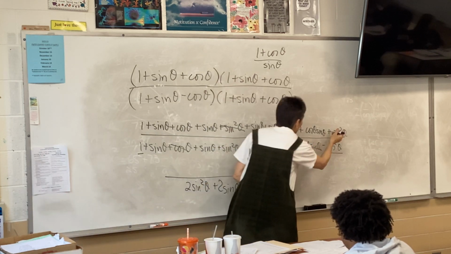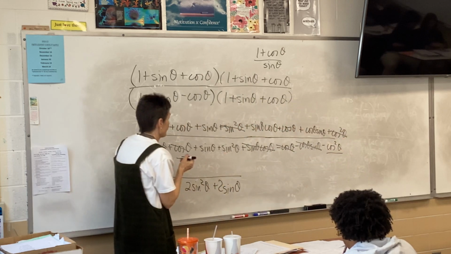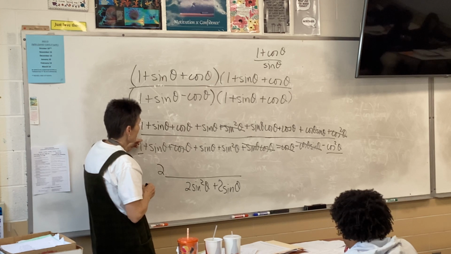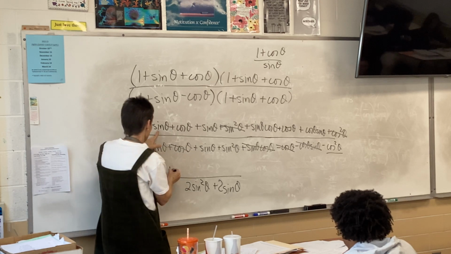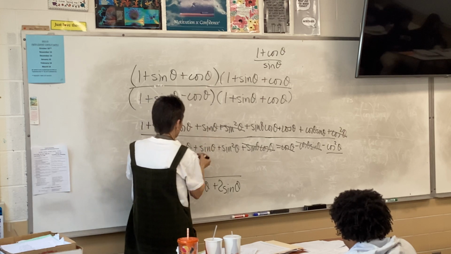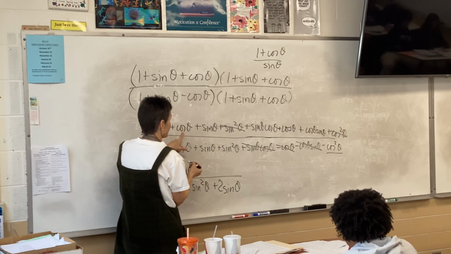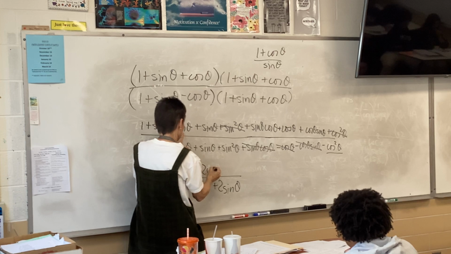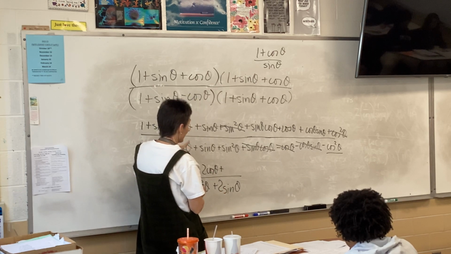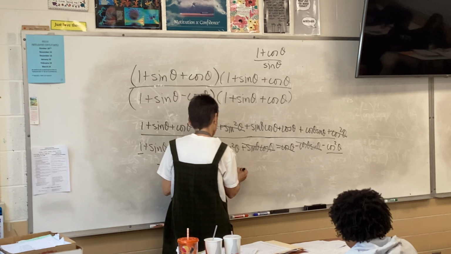Sine squared and cosine squared make 1 with the 1, so I got a 2 up there. I got 2 sines. I got 2 cosines. And I have 2 sine cosines.